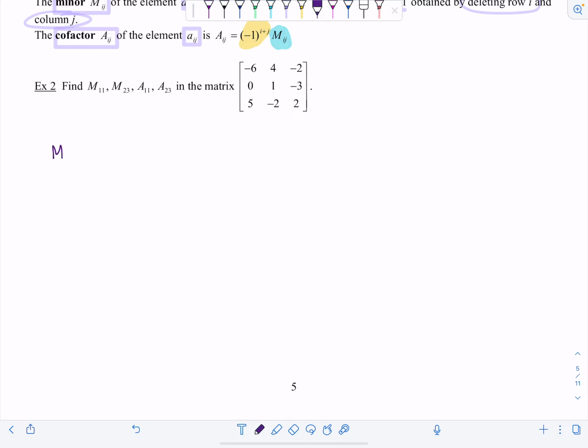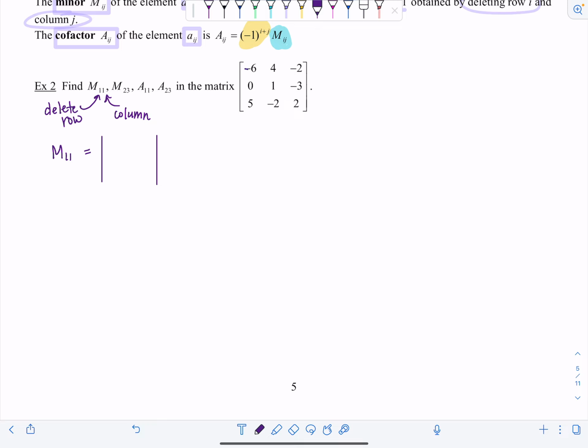All right. So let's find M11, M23, A11, and A23 in the following matrix. So M11, the minor corresponding to the element a11, is equal to the determinant that results when I delete row 1, column 1. So you look at whatever the subscripts are here, and you delete from this 3 by 3 matrix that row and that column.